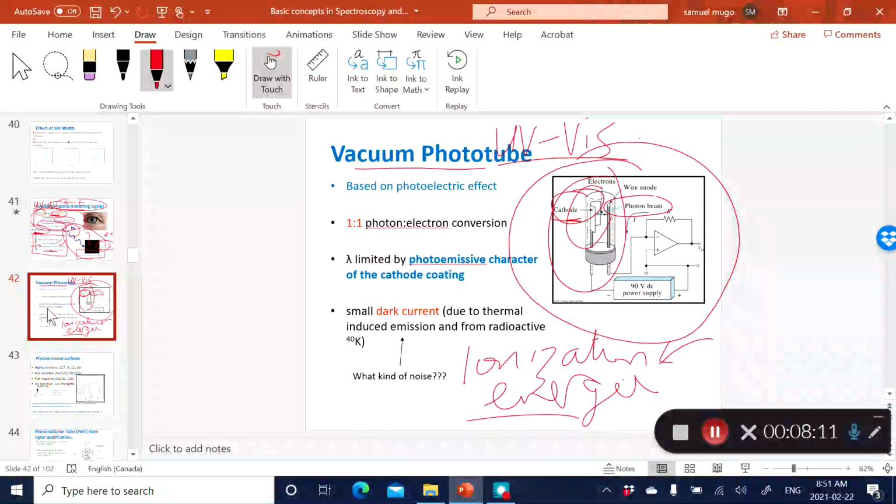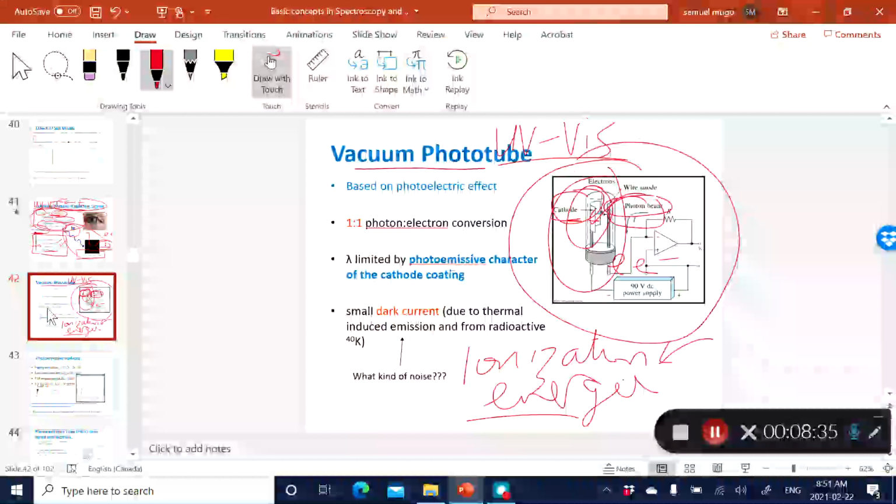And so, yes, ionization energies of the alkali earth metals and the alkali metals are fairly low, and typically those are the materials that you use to coat the cathode, to make this component called the vacuum phototube. And so because of that, the photon beam impinges on an alkali coated cathode, and that generates current. And the current is what is measured by an ammeter, and so forth.